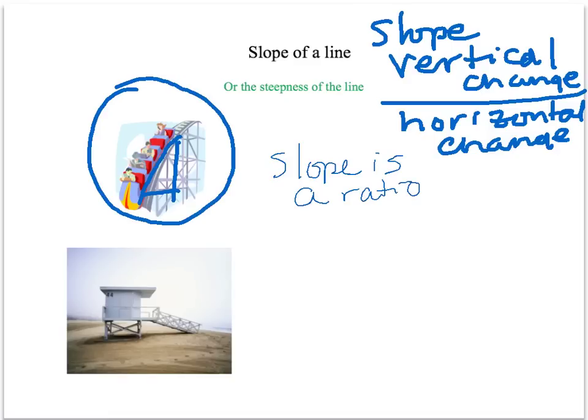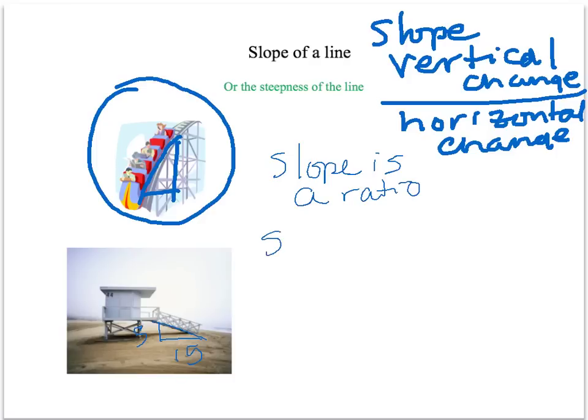And here I've got a little picture of this ramp by the beach. Doesn't that look nice? And the slope of this ramp is the ratio of the vertical change over the horizontal change. So how are we going to figure that out? Let's say that the vertical change for this ramp is 5 feet, and the horizontal change is 15 feet.